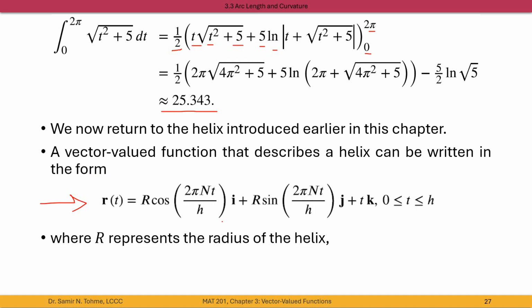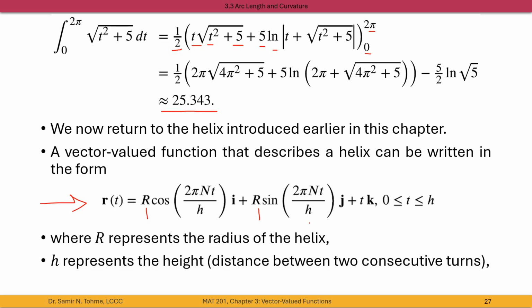The general equation of a helix can be written in this form, where r represents the radius of the helix, h is the height, which means the distance between two consecutive turns, and n is the number of turns that the helix completes. t is between 0 and h, and this is three-dimensional because we have three components.